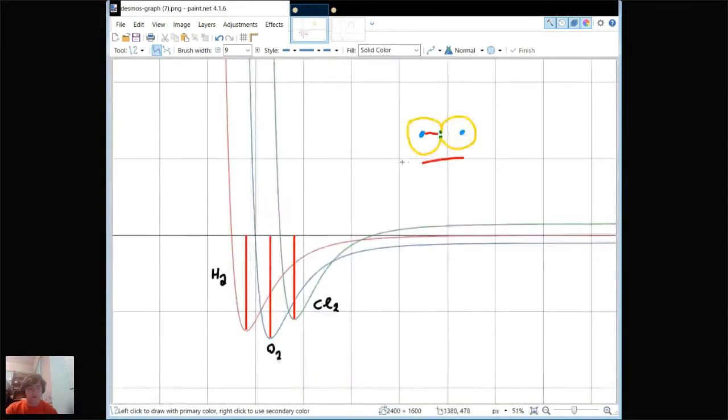And now to go over some of the actual minimum potential energy values. So you guys see here that oxygen has the lowest potential energy in its minimum, or its most stable state. Does it make sense that it has the lowest potential energy state, so it's the strongest bond?